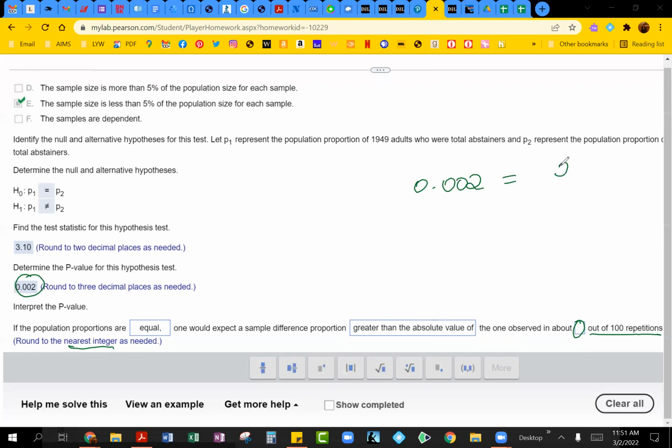So if you look at 0.002, that is technically 2 out of, and this is in the third decimal place, which means you will have 3 zeros over here. So the idea is, if we're going to be doing this out of 100 repetitions, well, out of 100 repetitions means you're only looking at the first 2 decimal places, and that is going to be 0 out of 100.